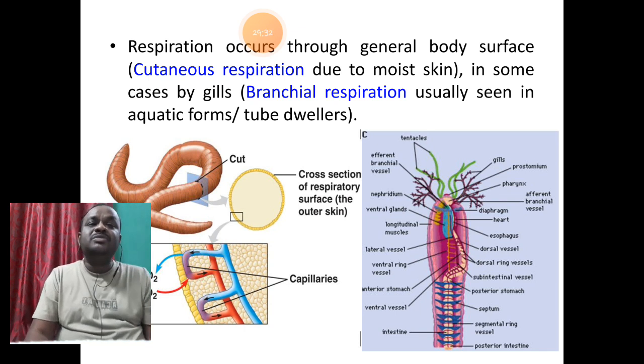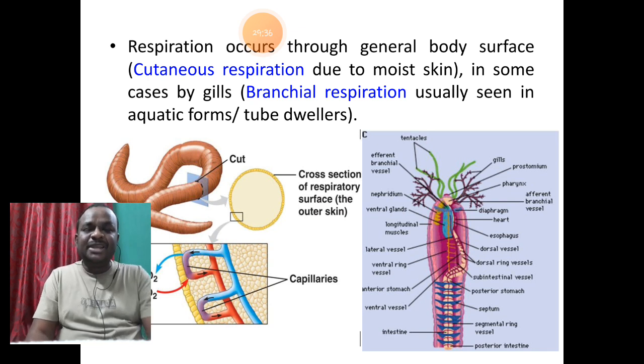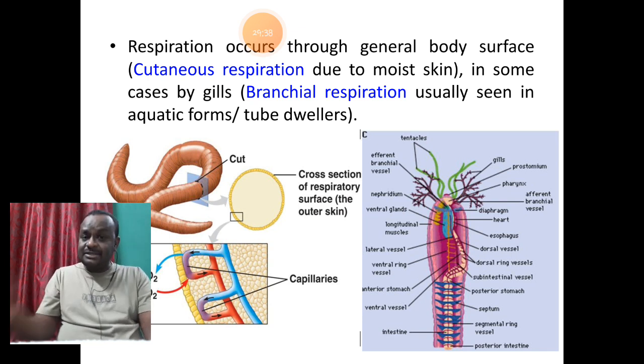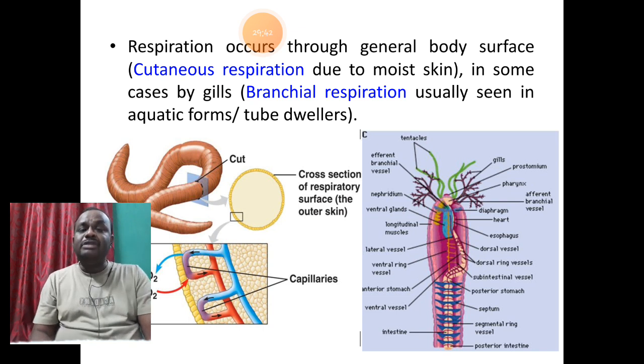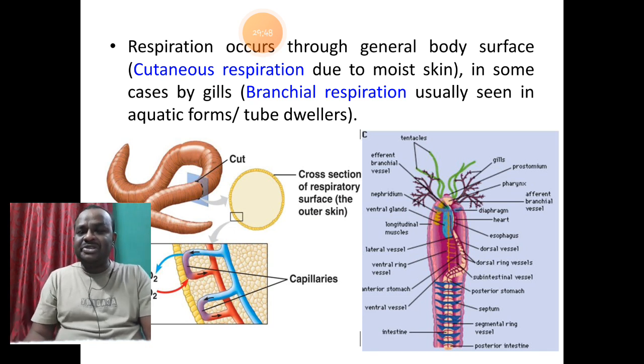The aquatic forms of annelids respire by gills, called branchial respiration, whereas the terrestrial annelids respire through the moist skin. So skin acts as the respiratory organ here, and this type of respiration is called cutaneous respiration.